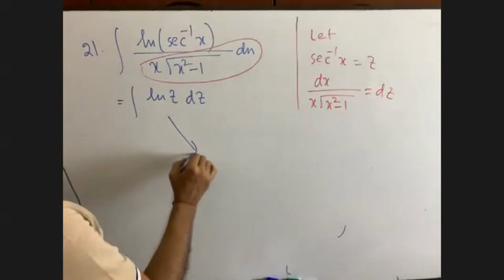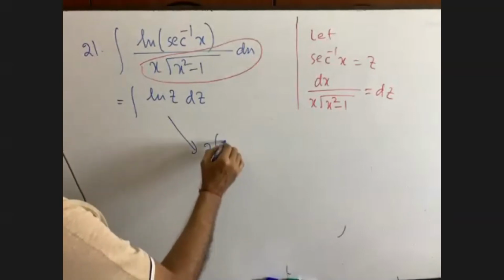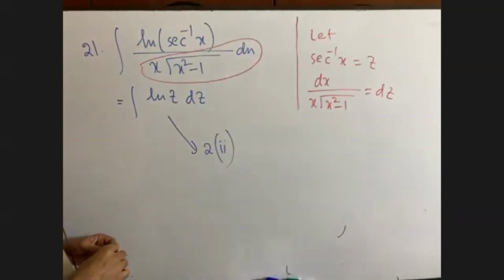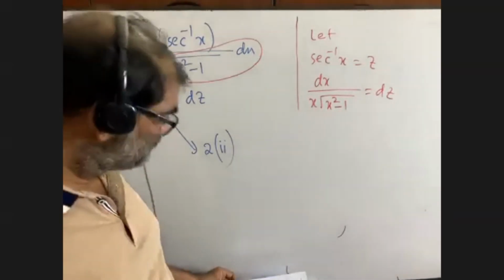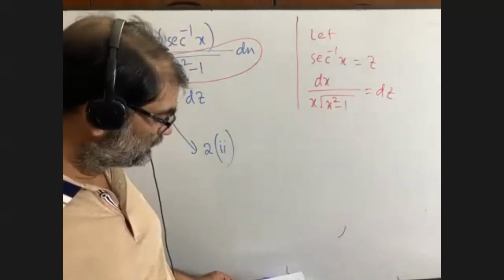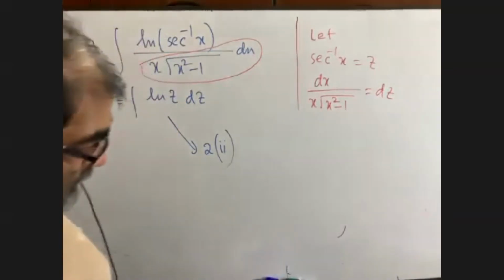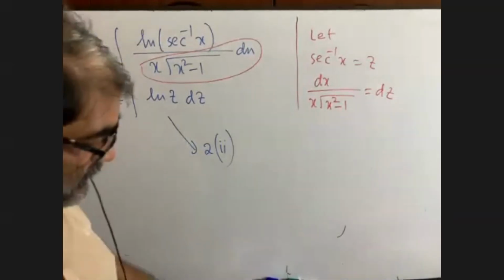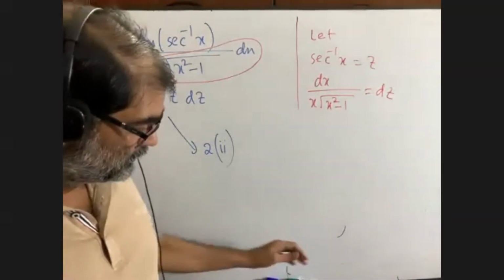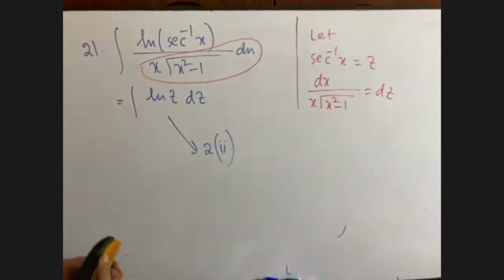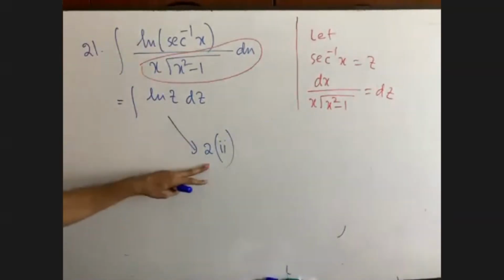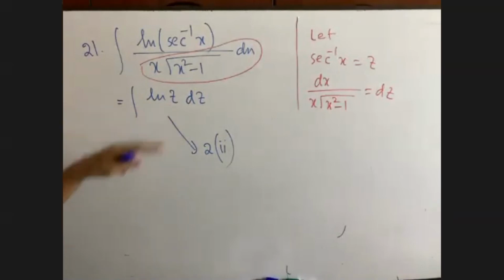Now it is question number 2 of 2. So after this it is integral of ln z dz, and at last you will put the value of z.